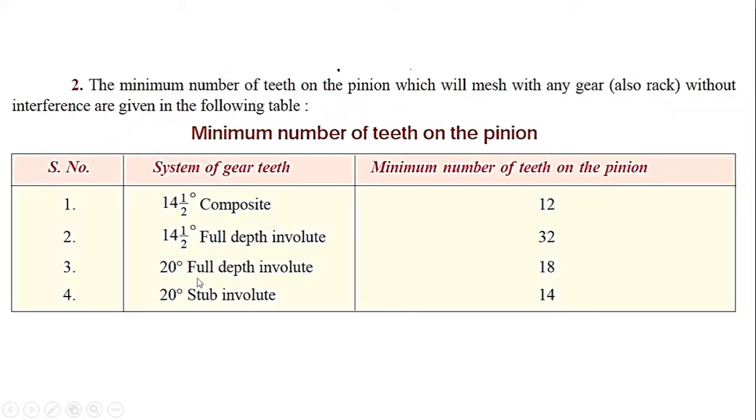For 20 degree full depth involute, 18 teeth are used. Here the 20 degree stub involute system uses 14 teeth. These are some of the standard data.